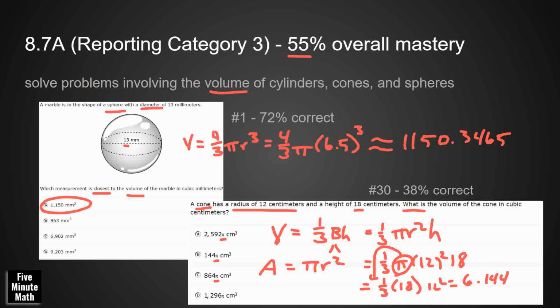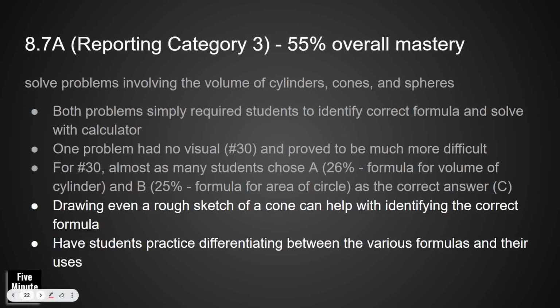So all of that being said, I'm going to get my 864. Now I'm going to bring my pi back in because I kind of took it out. I just simplified the 1/3, the 12 squared, and the 18. And so that is the exact answer. And when you have pi, you have to leave pi outside of the equation in order to get an exact answer. So both problems simply required students to identify the correct formula and solve with a calculator.